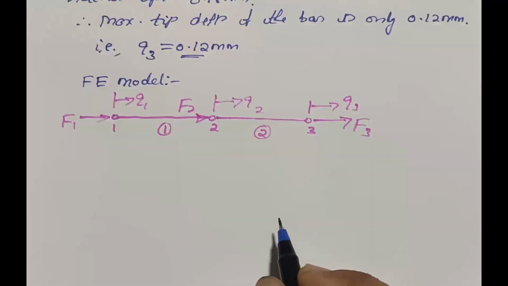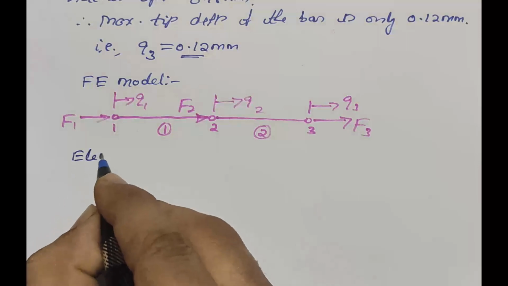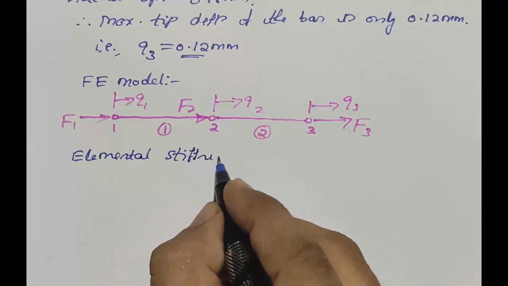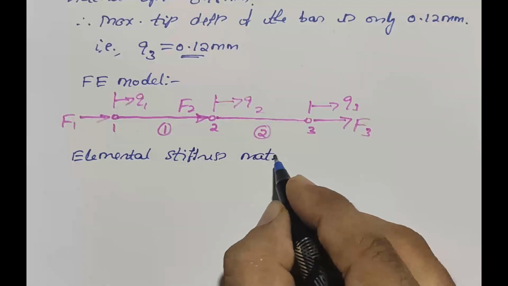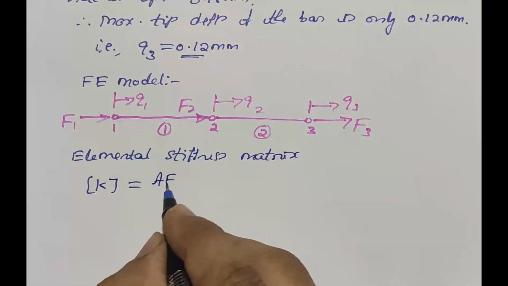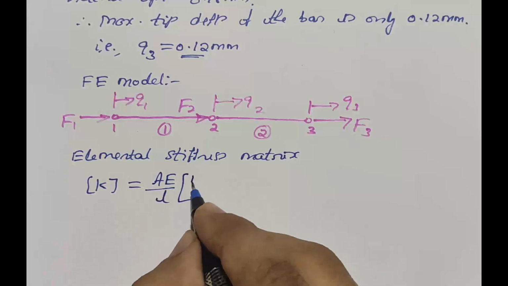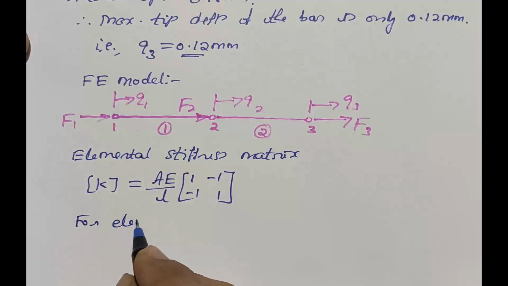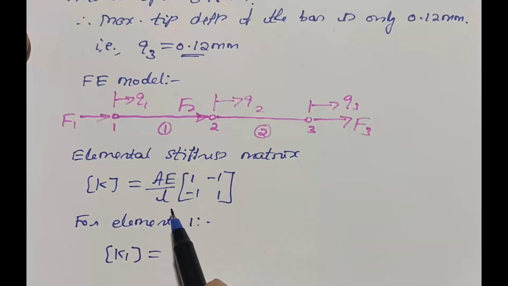Next is the elemental stiffness matrix. You know the formula, K is equal to AE by L times the matrix [1, -1; -1, 1]. For element 1, K1 is equal to A1, which is 250 mm square, into the Young's modulus 200 gigapascal.